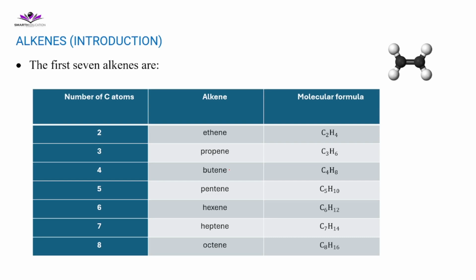But remember, we're going to discuss the nomenclature, or the naming of alkenes, later, where we're going to look at the detailed naming. This one is just an introduction. In the introduction, I will just concentrate on the suffix and the prefix. Just take note of the suffix 'ene' and the prefixes indicating the number of carbons.